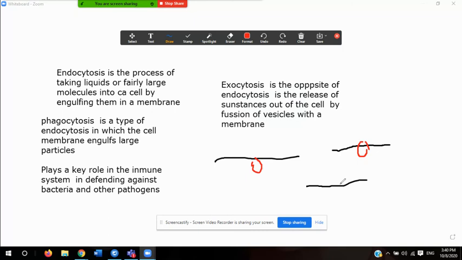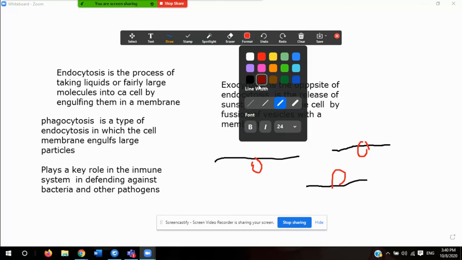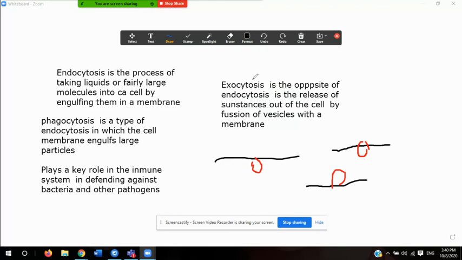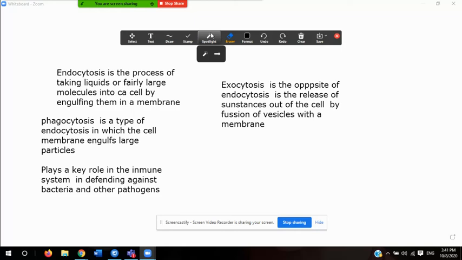Now, this is very important in the transmission of nervous impulses, because when there is a nervous impulse in our brains, our brain has a vast collection of nerves and neurons.